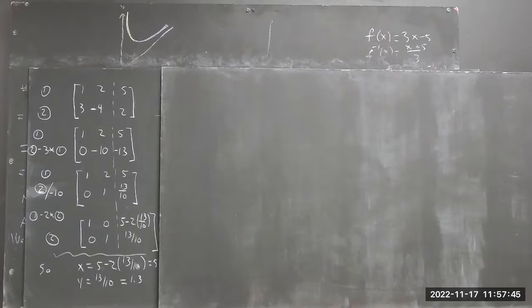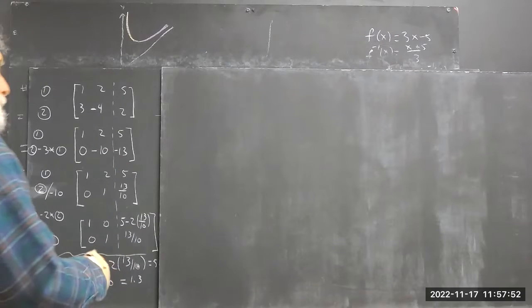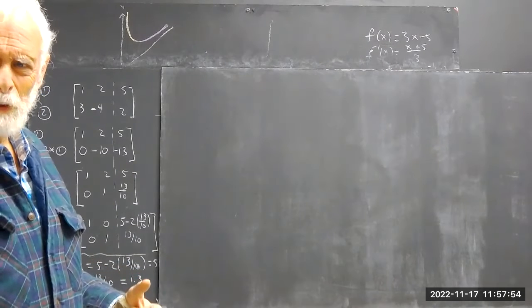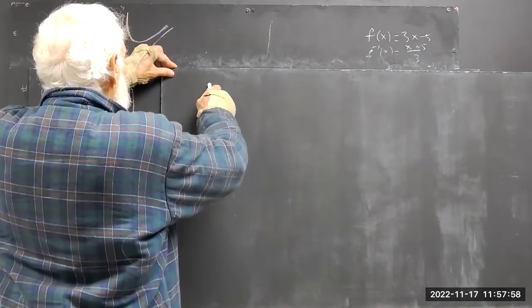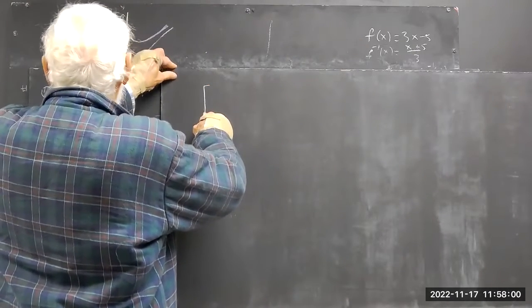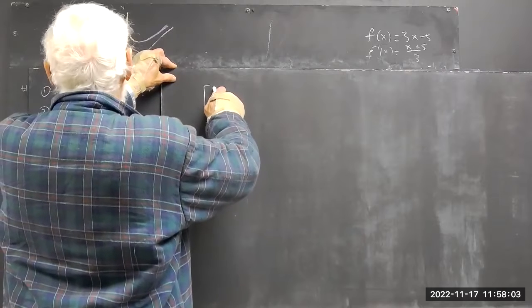Okay, well, let's try another. Let's see if I can actually do something in my head and get one to come out with nice numbers. I'm trying to be nice to you. Okay, let's see.